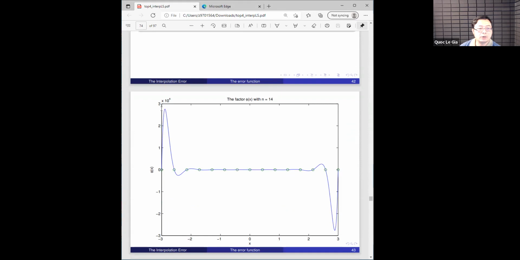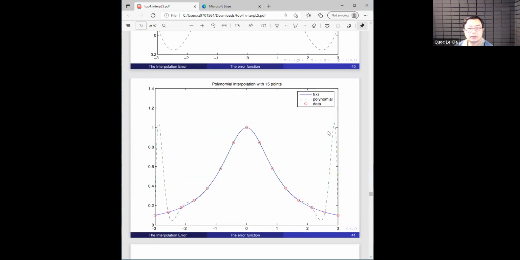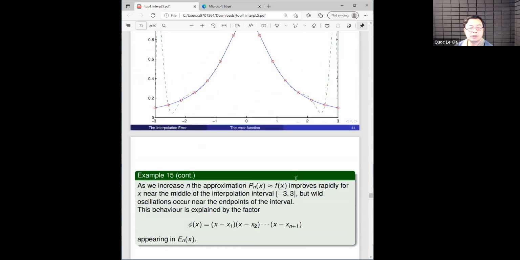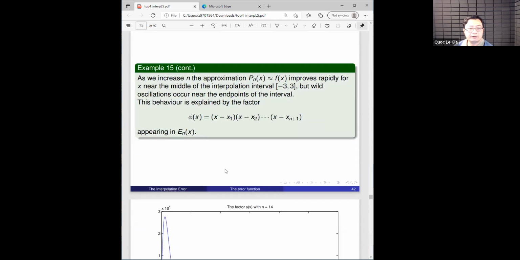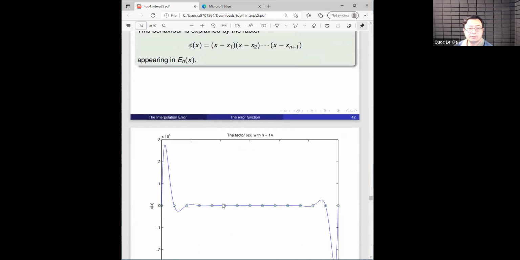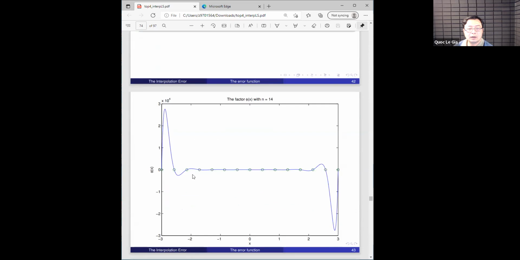It is like 10,000 at the two ends, from minus 3 to 3. So this one is just an explanation of how the errors got big at the two ends, because of the consequence of this factor phi in the error function. So it got multiplied by 10,000 when it gets close to the two ends.